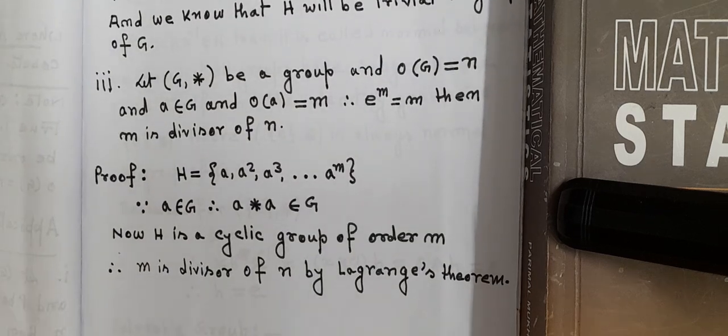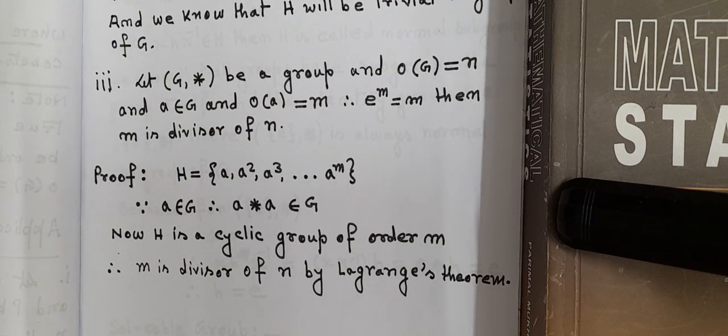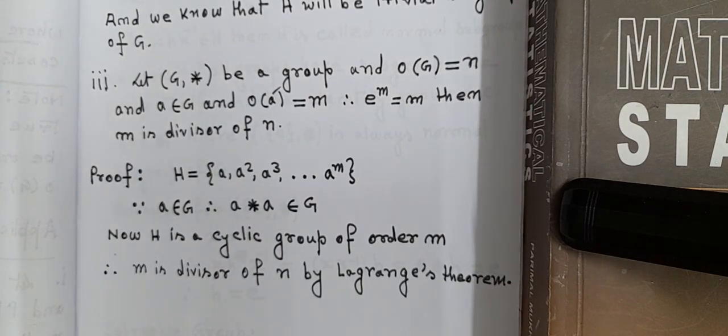Third: let G be a group and n be the order of the group, and a belongs to G, and the order of a equals m, that is, the order of the generator equals m. Then if a to the power m equals e, then m is a divisor of n.